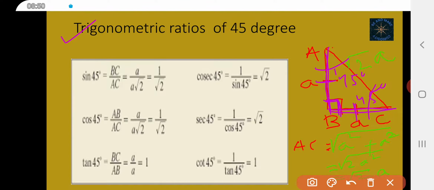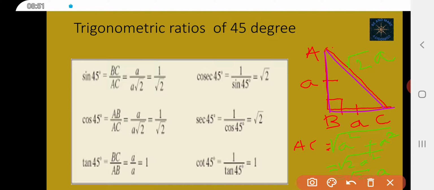This angle 90 degree, then 45 degree plus 45 degree is 90 degrees, so you get 180 degree.